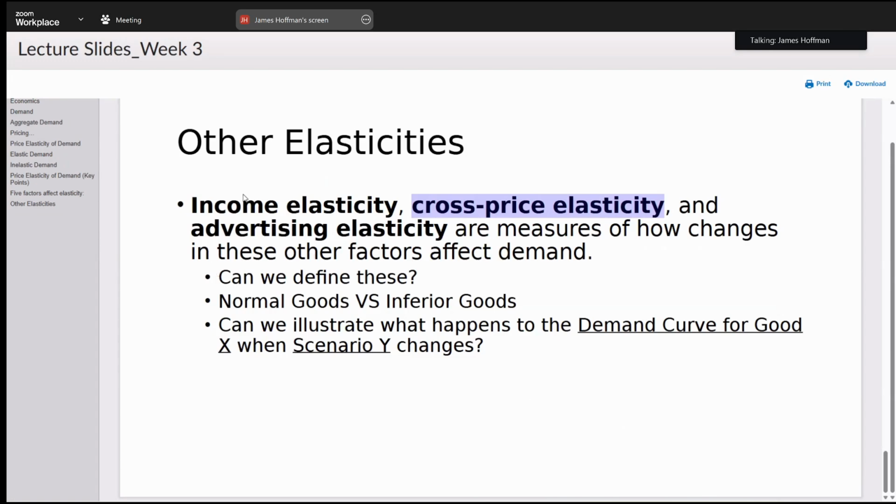Okay, so let's define these two. We'll define substitutes and complements, normal goods and inferior goods, and then we can do some demand curve shifting. Assuming my Excel operates.